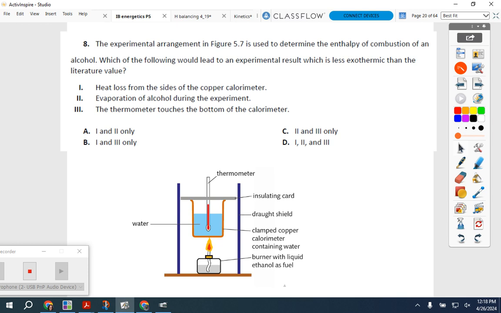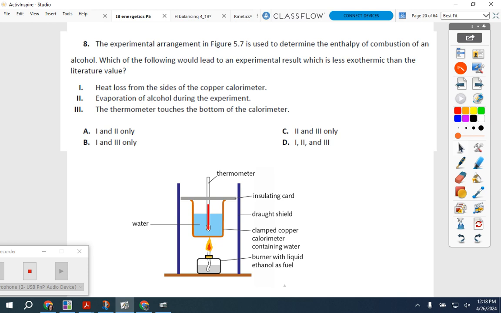Let's just look at these individually. Losing heat from the calorimeter, is that going to overestimate our energy or underestimate our energy released? Underestimate. Why? If we're losing heat, that heat is not going into the water.